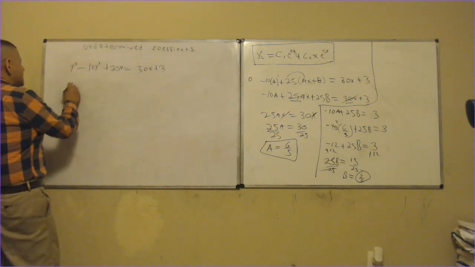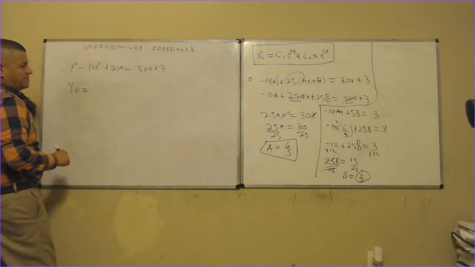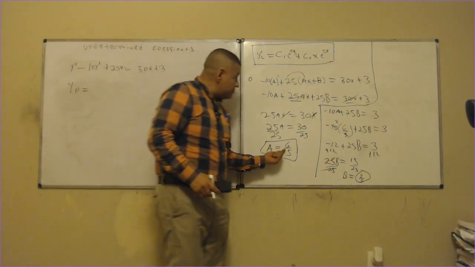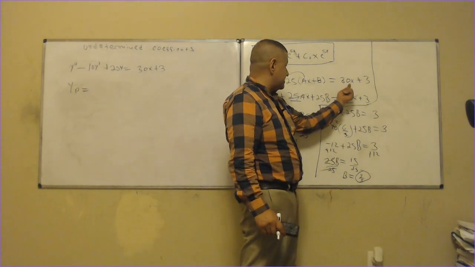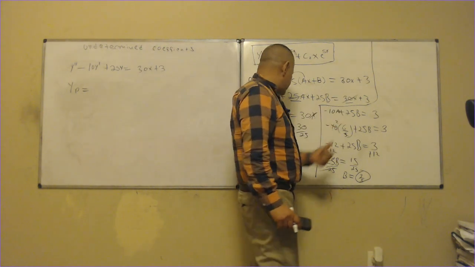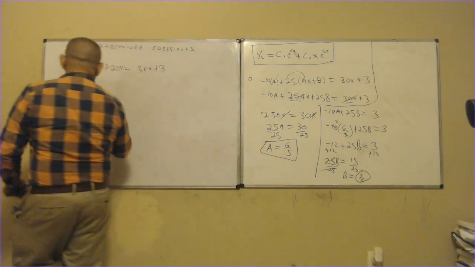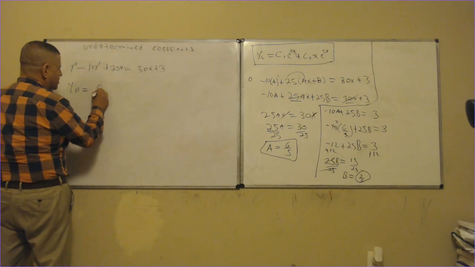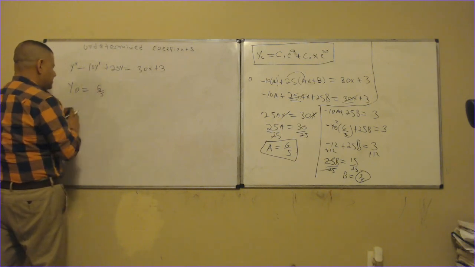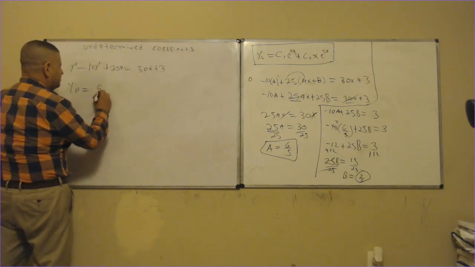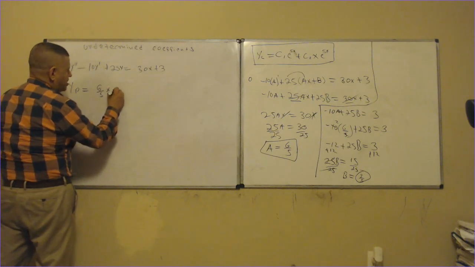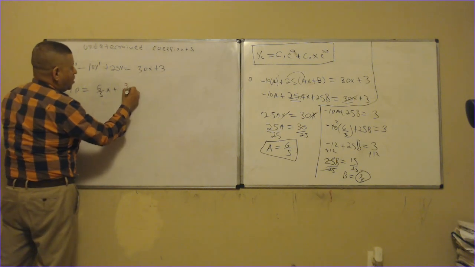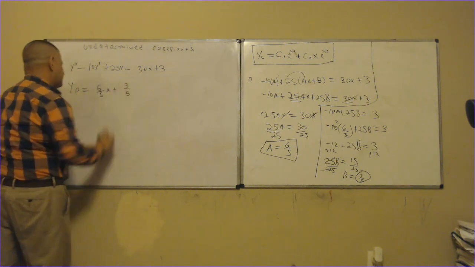So y_p is going to be equal to my a, but remember we found a, we had an x. So I need to have an x in front of that a. So it's going to be 6/5 x plus 3/5.